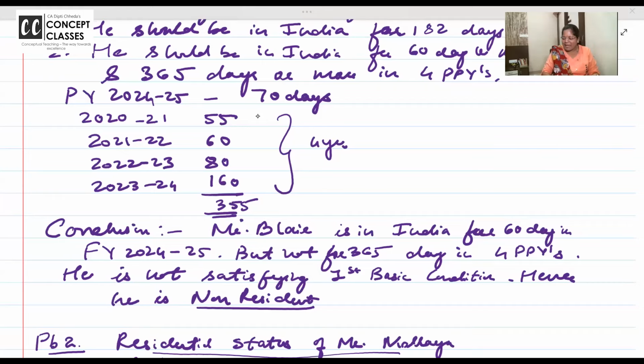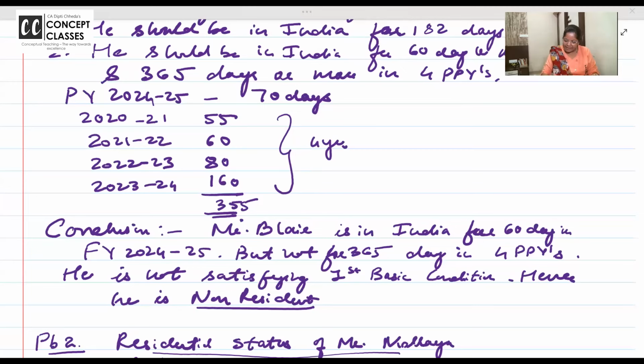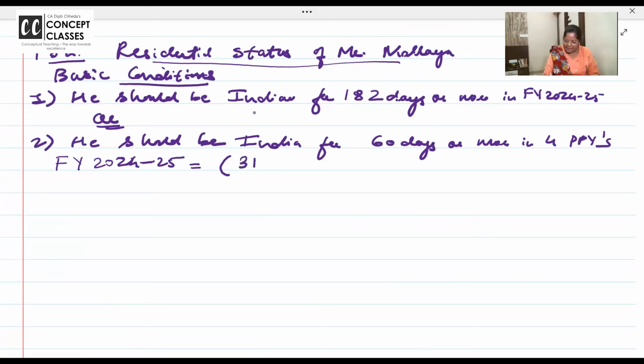You are studying for the first time, so do it slowly, write every point clearly. October, how many days? 21. November, how many days? 30. Go on writing. He was there till March. So October 21, November 30, December, January 31. February, it's not a leap year, no?